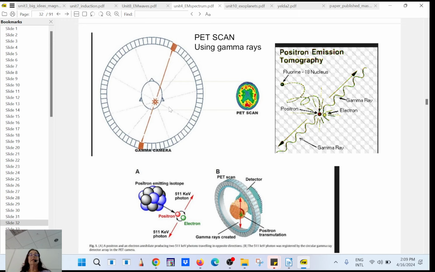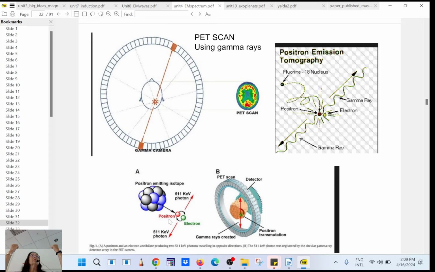Inside your brain, it will decay, and it will give a positron. And positron is what? Positron is an anti-electron. So when the positron meets electrons inside the head or inside the tumor, they will annihilate each other.